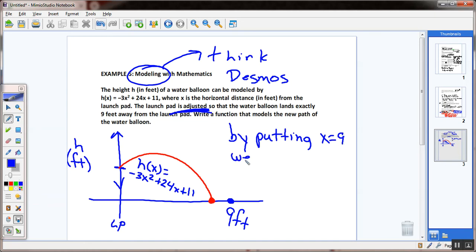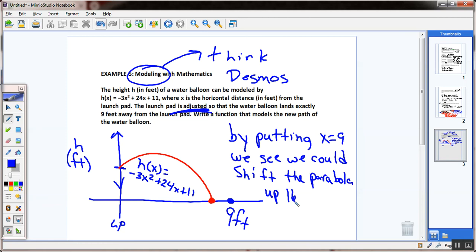we see we could shift the parabola up how many units? So if I would add 16 to my original function right here, kids, adding 16 to this original function, it's not going to change this, and it's not going to change this.